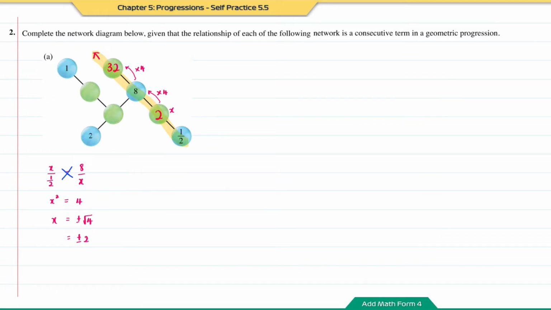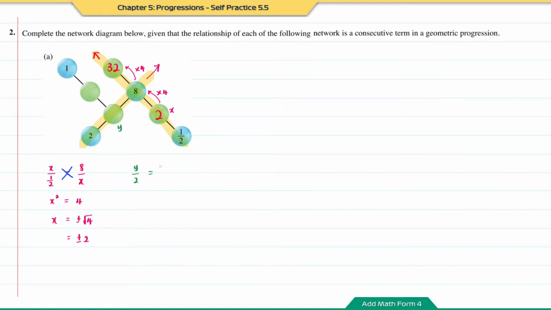Next, I'm going to solve for this geometric progression, looking at it in this direction. You can use the same concept here. Let's say for this missing term here, I use the letter y to represent it. The common ratio will be y divided by the previous term, which is the number 2.